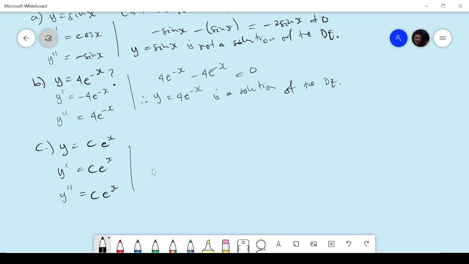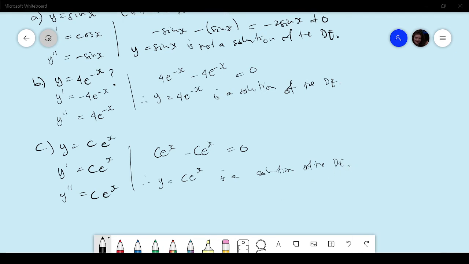Okay, so therefore, c e raised to the power of x minus c e raised to the power of x is equal to 0. So therefore, y equals c e raised to the power of x is a solution of the differential equation. Okay.